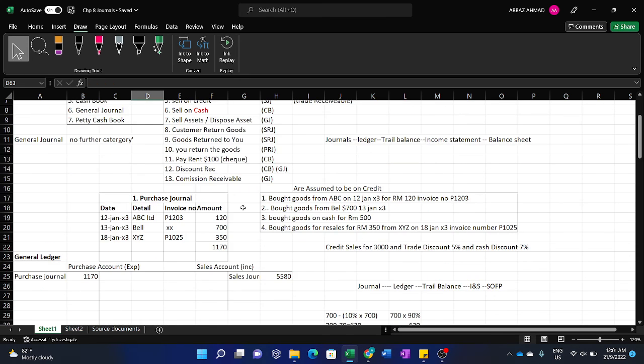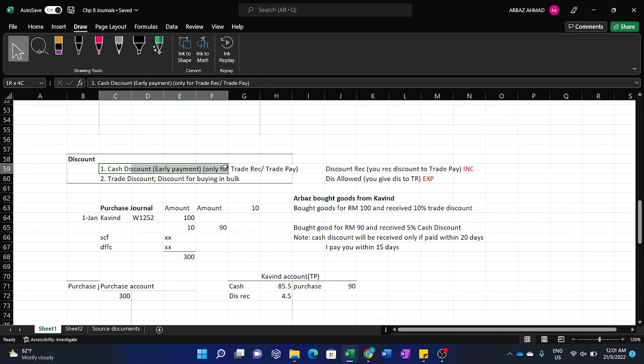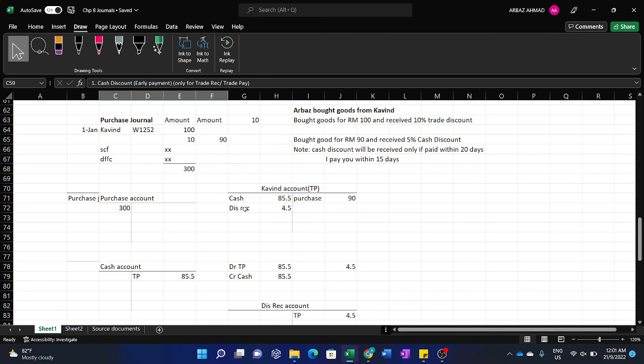So let's say all these amounts I have here should be after trade discount. Okay, so basically there is no entry for trade discount, which means there is no debit and credit for trade discount, but for cash discount there is. Okay, we will have a look at it later.